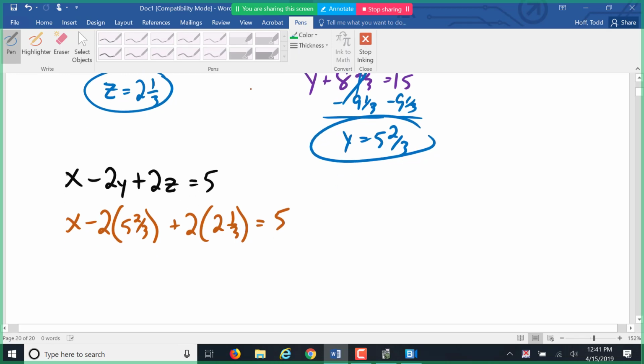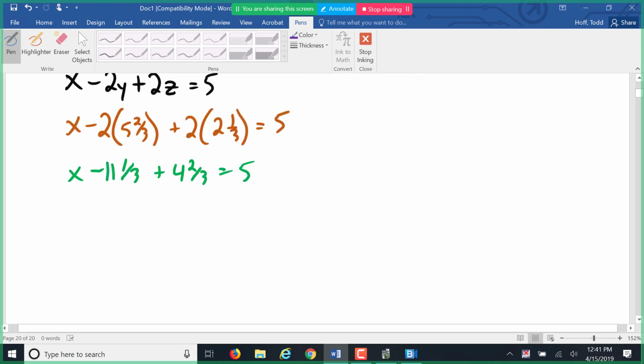So then we multiply each of those out. Negative 2 times 5 2/3 is negative 11 1/3. 2 times 2 1/3 is 4 2/3. Equals 5. We combine. Negative 11 1/3 and a positive 4 2/3 is a negative 6 2/3.